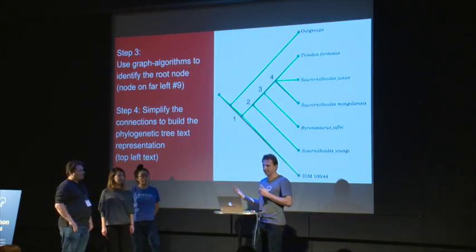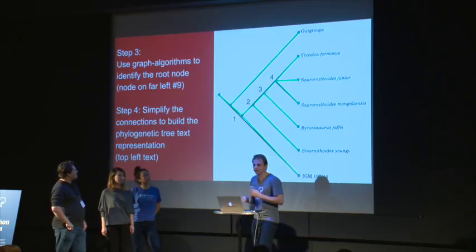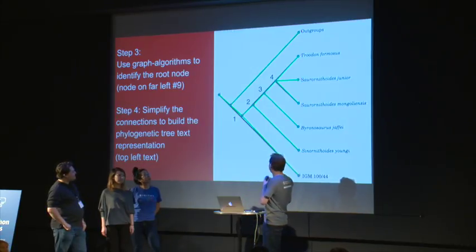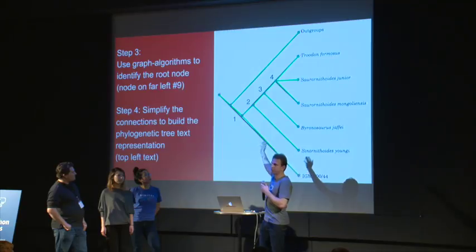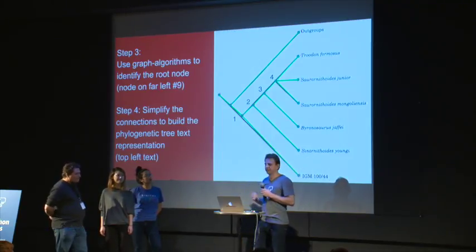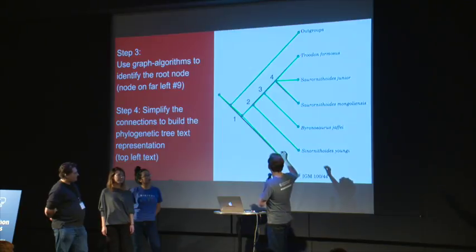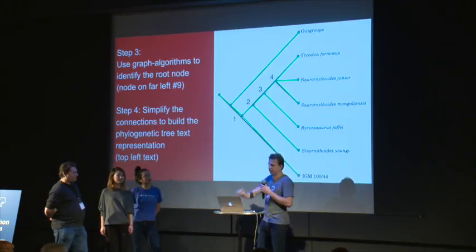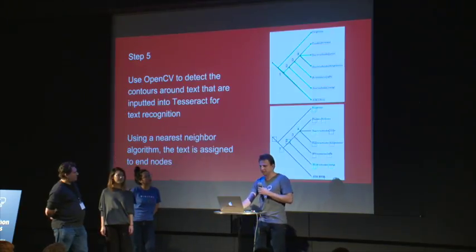Then we used graph algorithms to identify the root node. It's usually the most isolated node, off to the side all by itself, sad and lonely. Then we simplified the connections so there aren't a lot of little elbows. You'll see what I mean in a second.